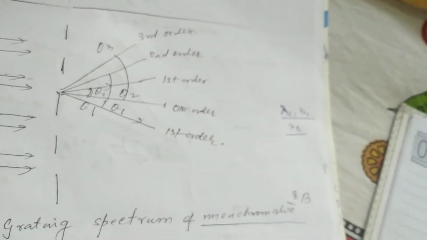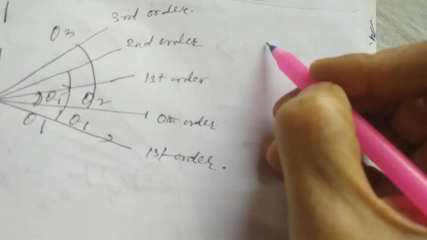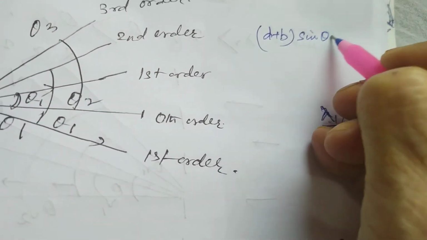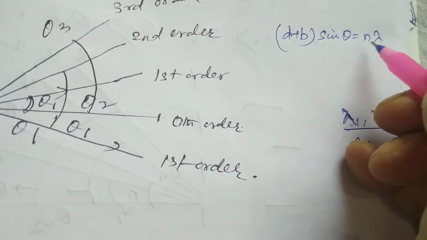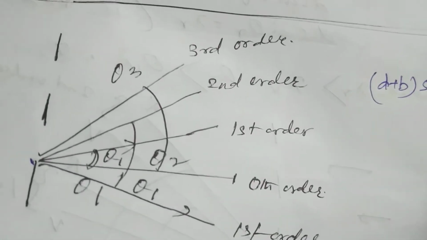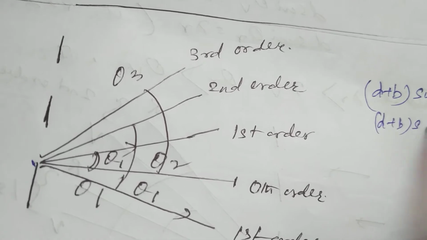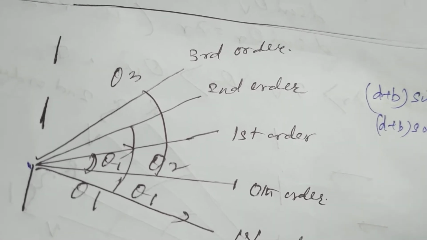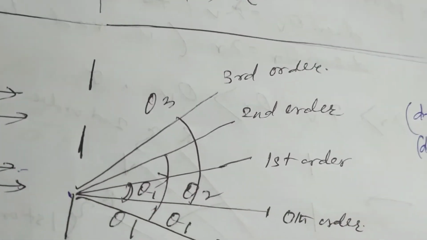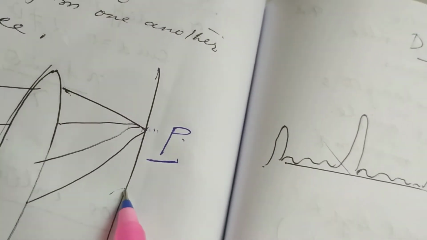Now what will happen in that case? Just see the grating formula, (d plus b) sin theta is equal to n lambda, where n is equal to 0, 1, 2, 3. For n equal to 0, (d plus b) sin theta is equal to 0, or theta is equal to 0. That means all rays which are coming parallel will meet at the point here at the center.